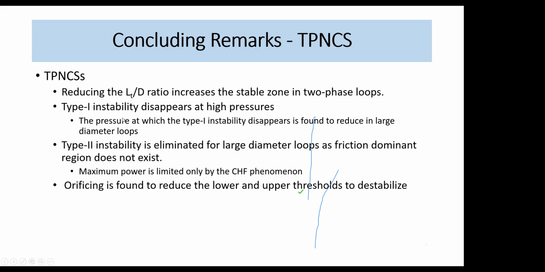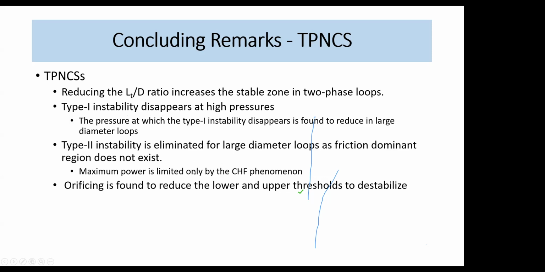So this is just to repeat what we have told. Reducing LT by D ratio increases the stable zone in two-phase natural circulation loops. And we also found type 1 instability disappears at high pressures, although the pressure at which it disappears is found to be different for large diameter loops. And we found type 2 instability can be eliminated in the large diameter loops.